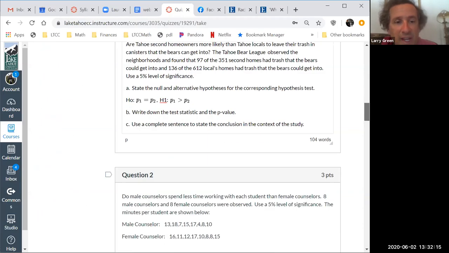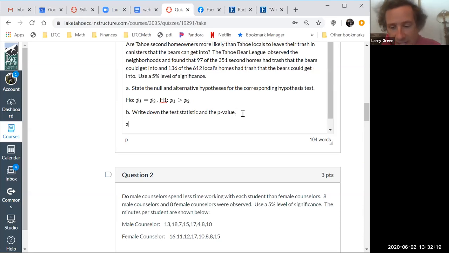Now I can scroll down and write down: the test statistic is Z equals 1.89, and the p-value is equal to 0.03. Is that clear?